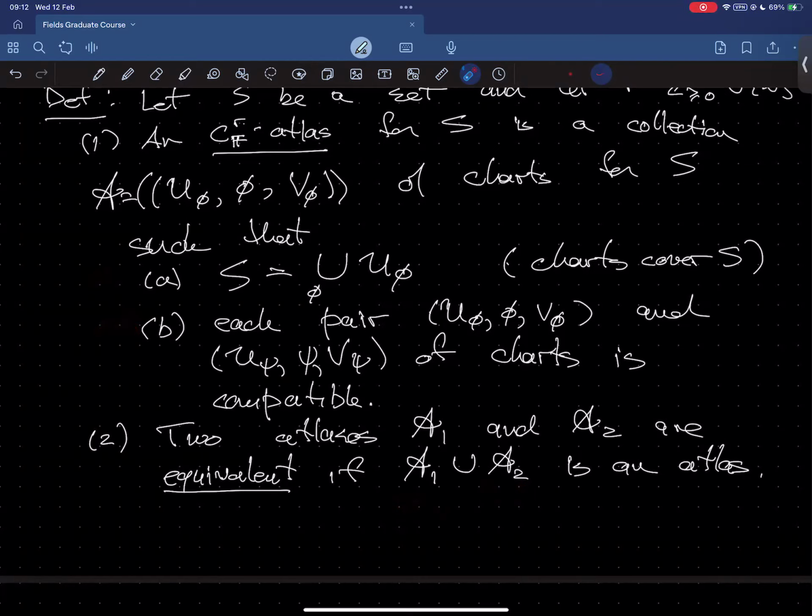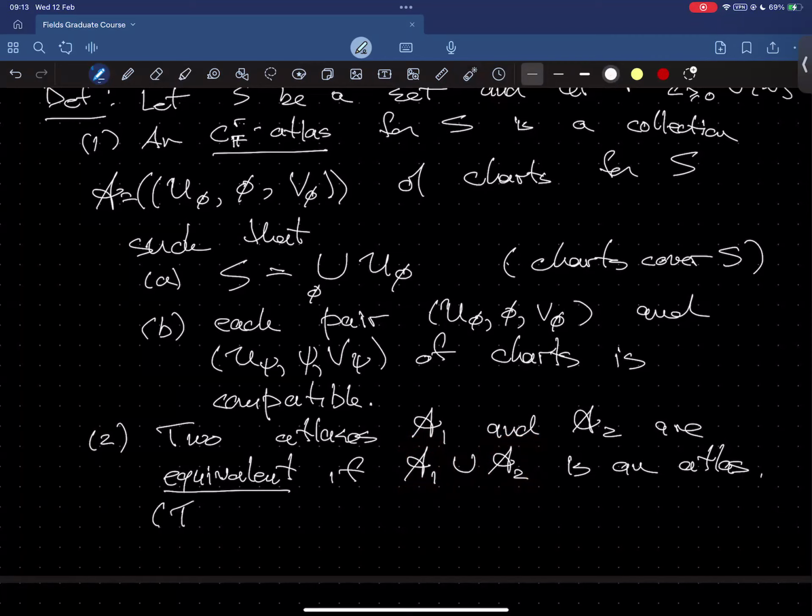All of the charts from A1 and all of the charts from A2 themselves satisfy B. That means that every pair of charts from A1 satisfies the overlap condition, and every pair of charts from A2 satisfies the overlap condition. So the only interesting thing is that charts from A1, when you pair them with charts from A2, must satisfy the overlap condition.